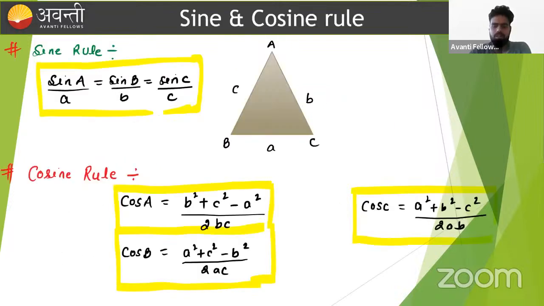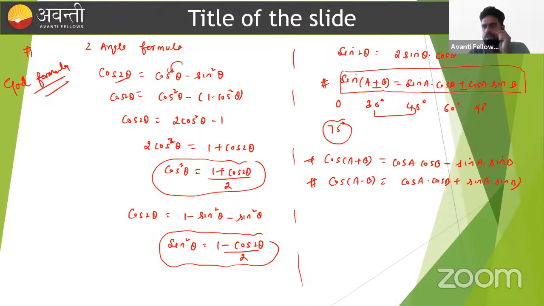So let's start with the last class, that is, the two important formulas, the two theta formulas. One is cos square theta and another is sine square theta. I hope you already remember these two important formulas. Similarly, there are sine 3 theta, cos 3 theta, tan 3 theta, and you can learn more and more formulas.